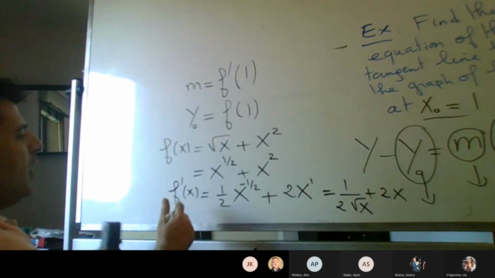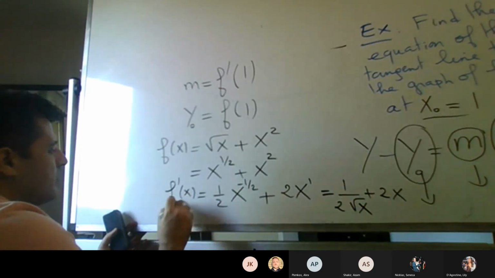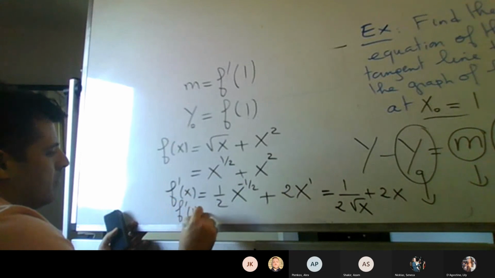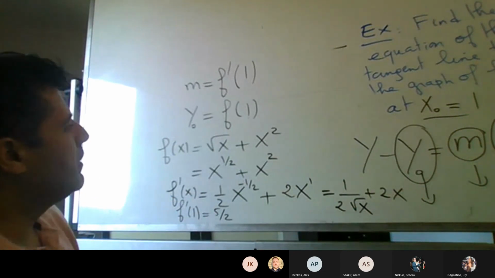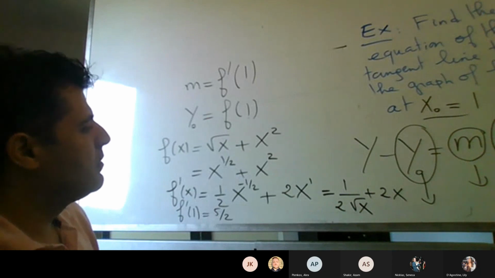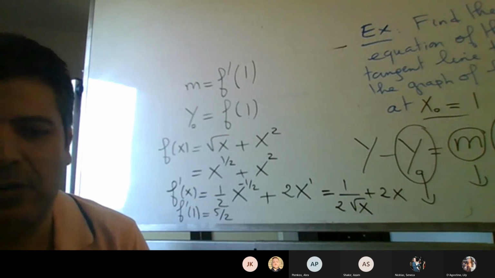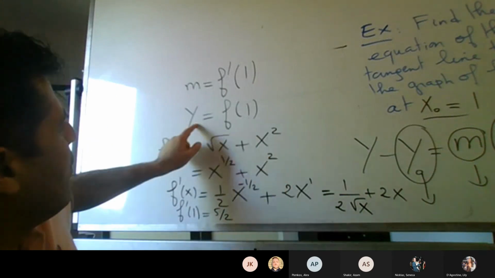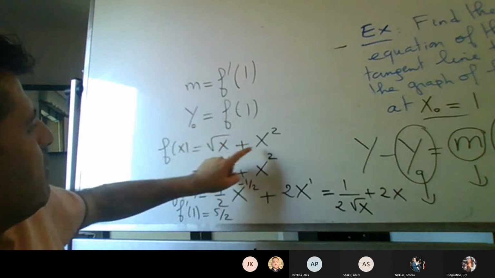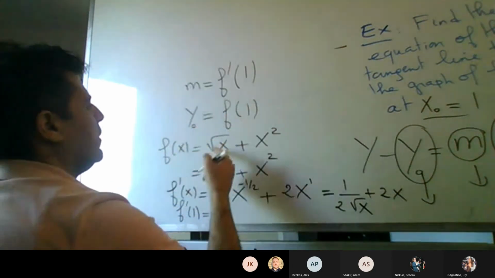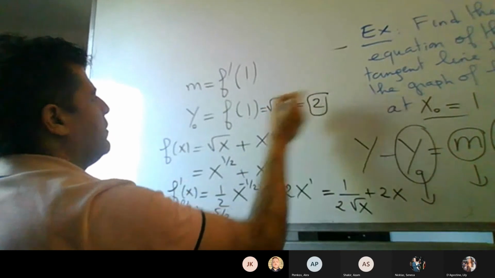So f prime at 1, you just plug in x equal 1. This is the hardest step: you just calculate the slope at x0. And then for y0, you replace x in f at 1. It's the square root of 1 plus 1, which is 2. So this is y0.